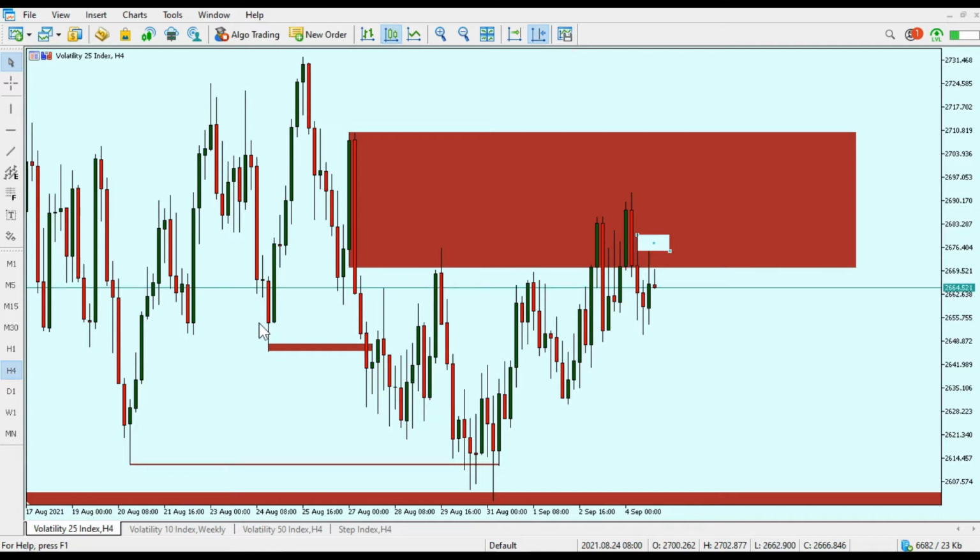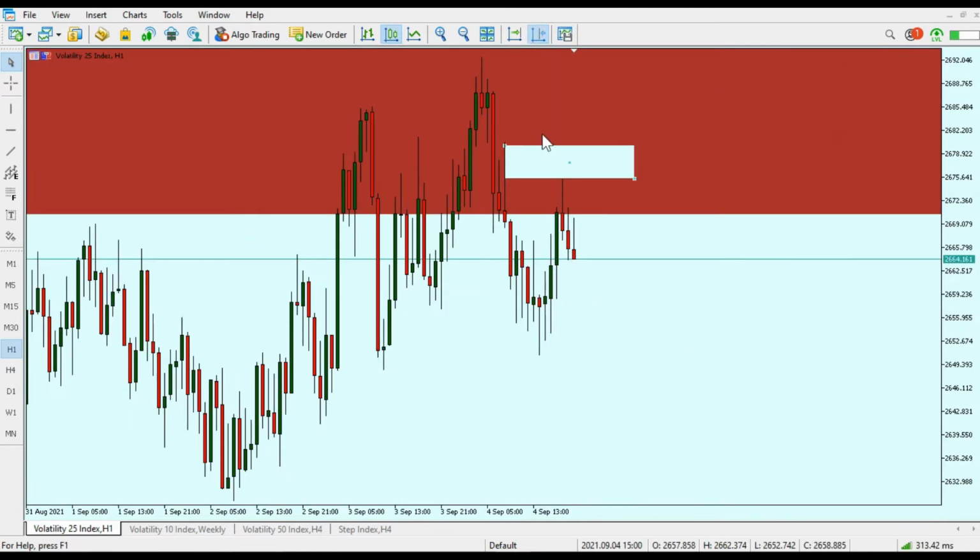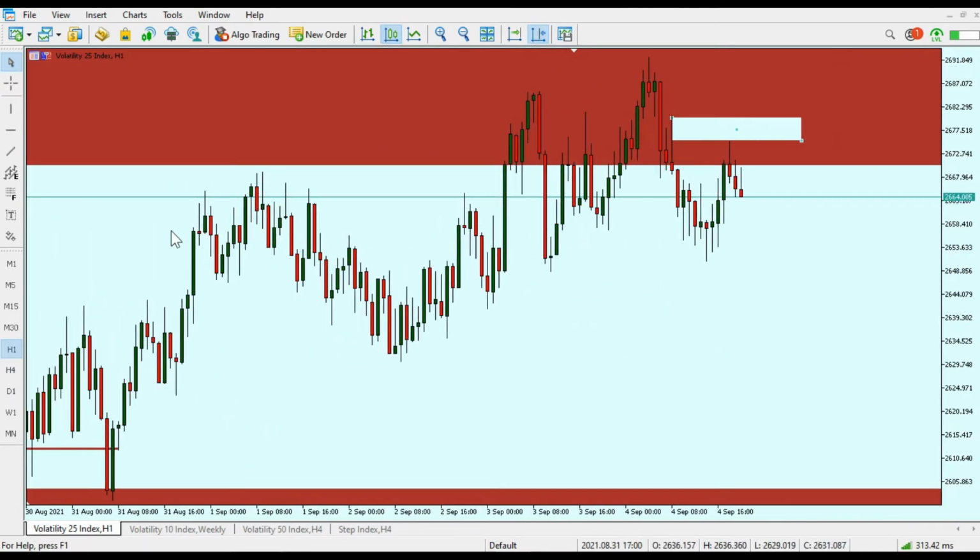But we can notice the weakness in the strength of the buyers right now. This is a current chart, so we can notice the weakness of the buyers, and then we look forward to a break of market structure on a lower time frame, preferably the 1 hour time frame or the 30 minutes time frame. So I think we have that already.